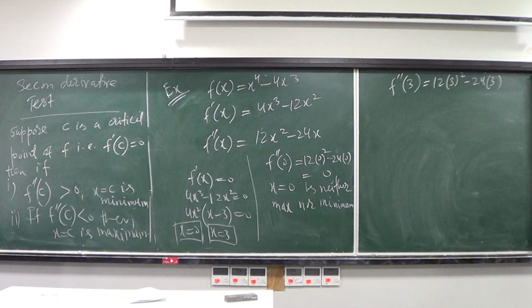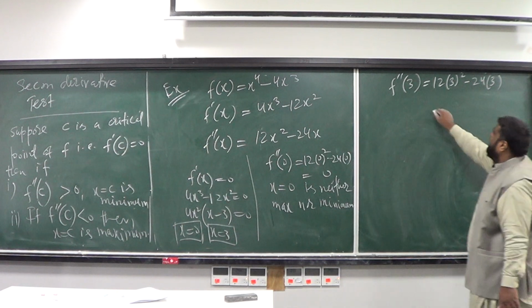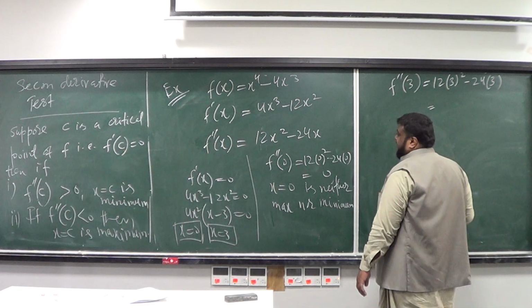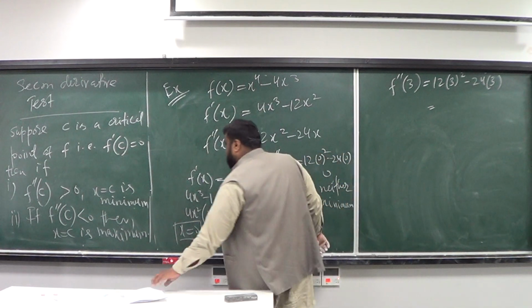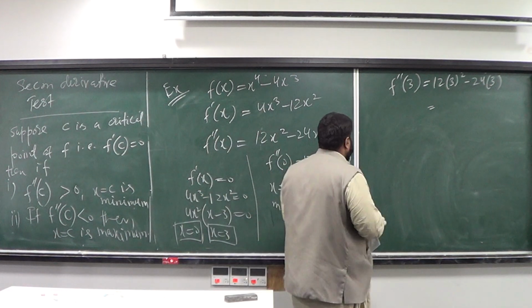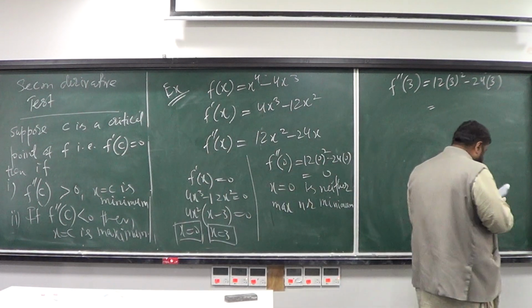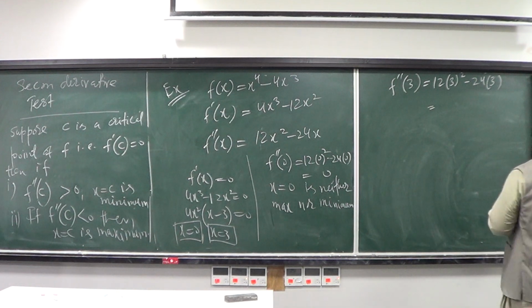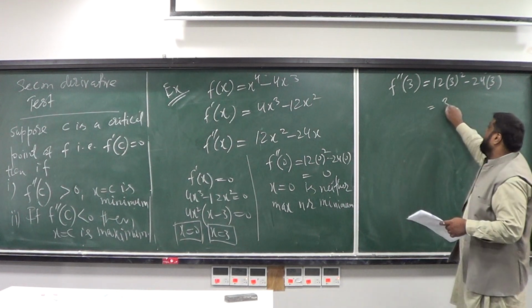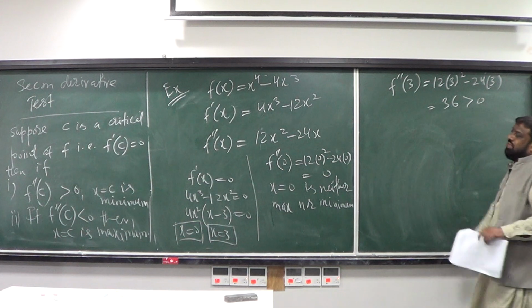So whatever this number is, I think it's going to be a negative number. What would be the number? It's 36 actually, so it's a positive number.